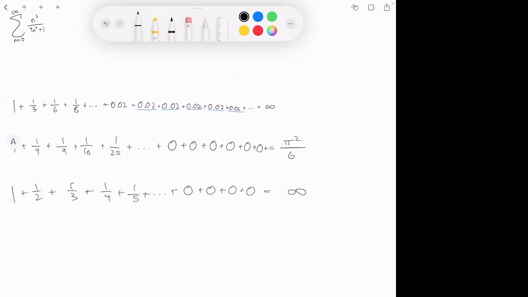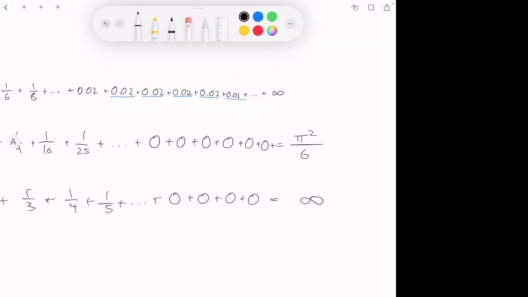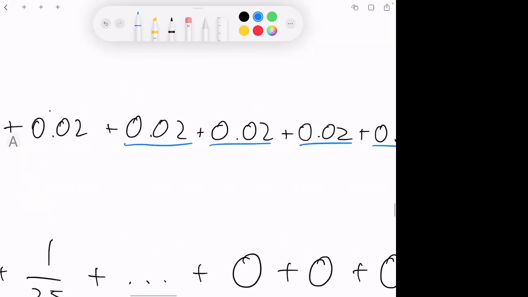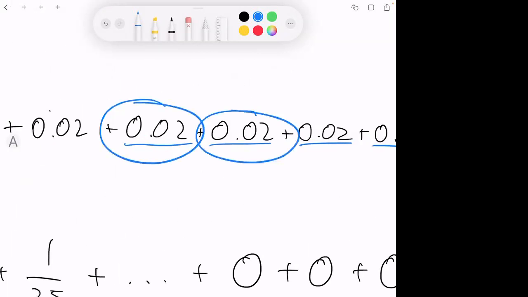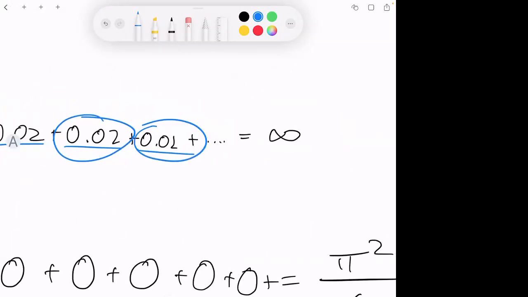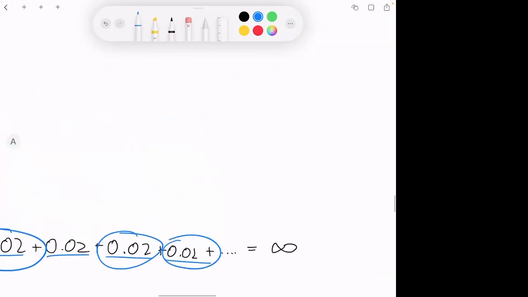So that's not a super powerful thing to know about, but what I'm saying is, if you look at the terms of the series and they're not approaching 0, if they're approaching some finite non-zero value, then the sum of all of those certainly diverges. That fact is called the divergence test.